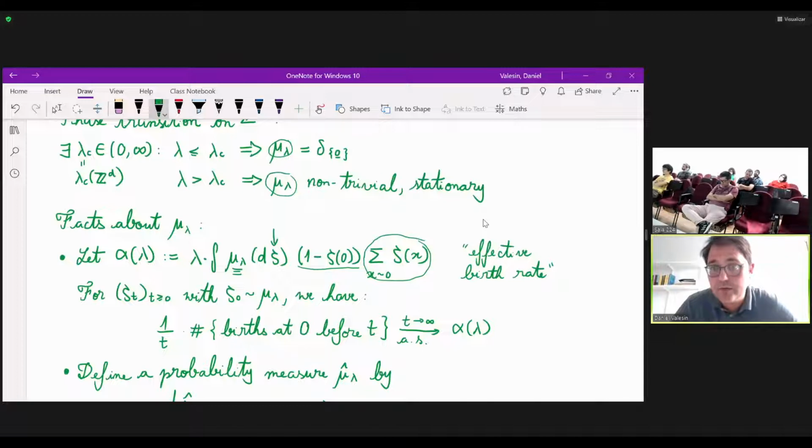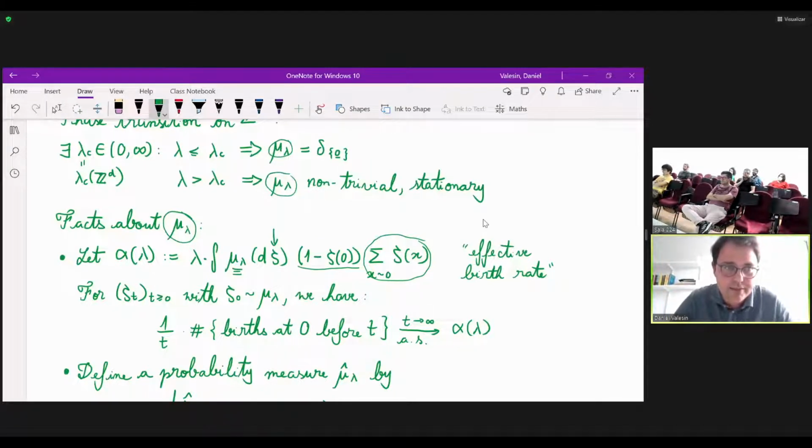The birth is forbidden in that case. So what this alpha is doing is that you look at the contact process in equilibrium, started from this measure mu lambda, and you look at the origin or any site, and you look at the frequency at which there is a real birth, a switch from 0 to 1 at the origin. This is not lambda, it's some other number, and that's why I call it the effective birth rate.